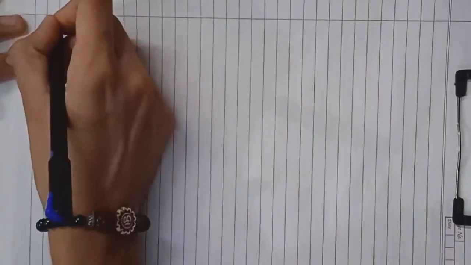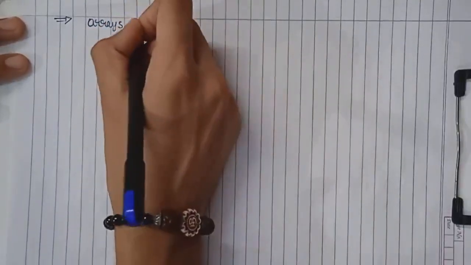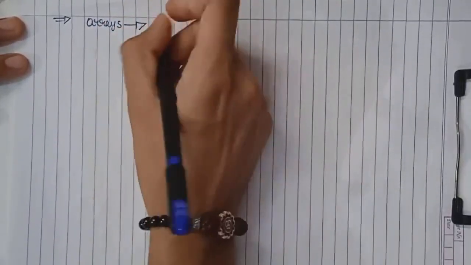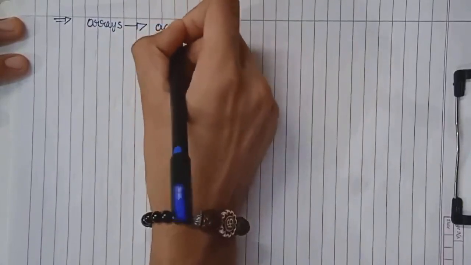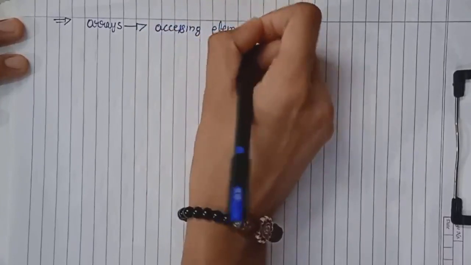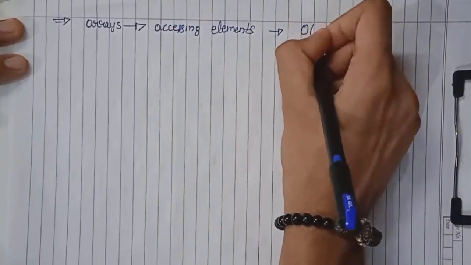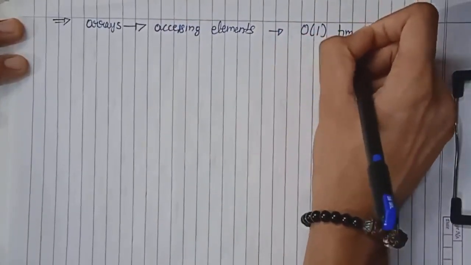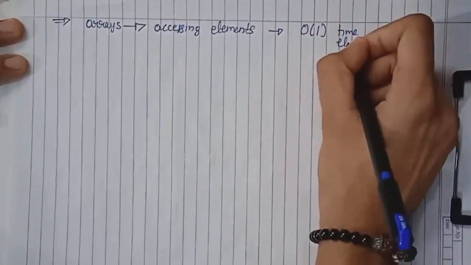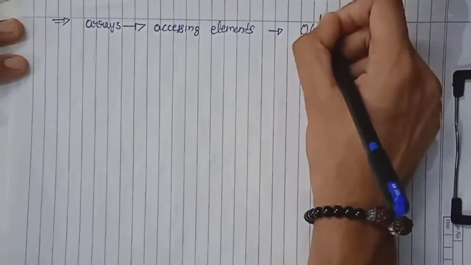Now, the next thing that you need to know is that since in arrays we have continuous memory allocation, accessing elements was an easy task in the array, and it takes big O of 1 time, or I can say the time complexity for accessing any element in the array is big O of 1.